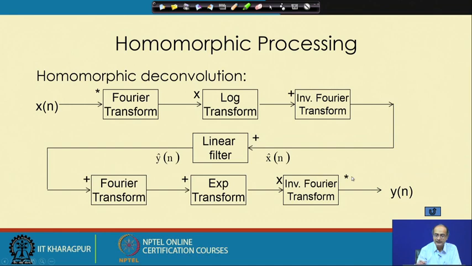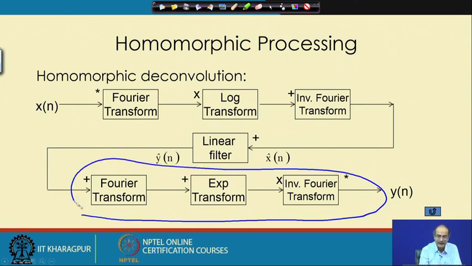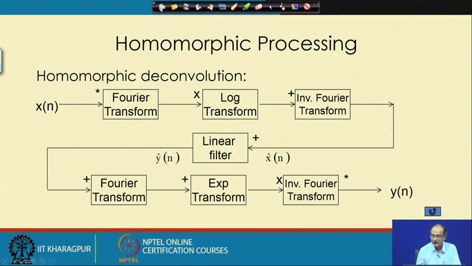But we need to perform the rest of the part which we have not shown in the previous diagram. Okay. So, that is how we can complete the process, and with this we complete the part on homomorphic processing. Thank you.